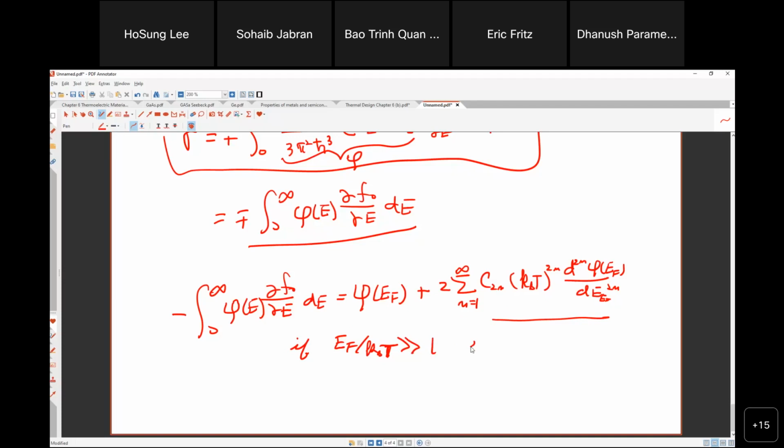This is for metals. So in the case of metals, we can neglect the higher orders.